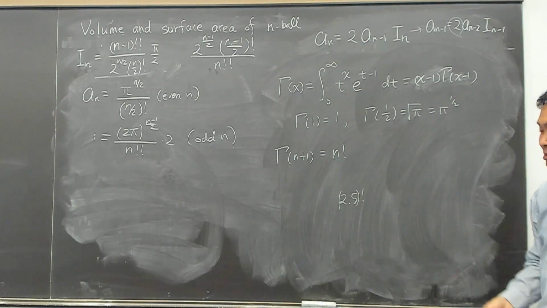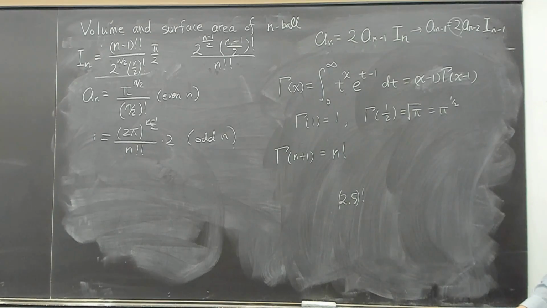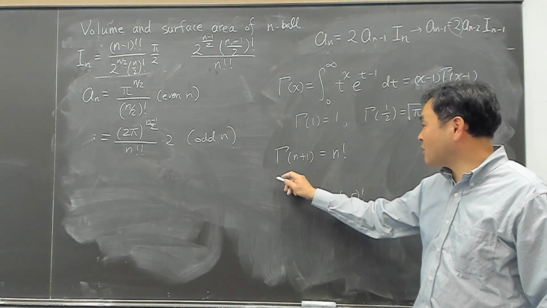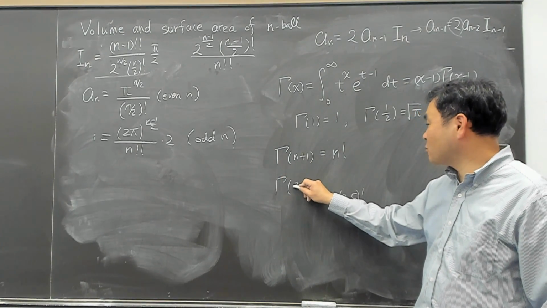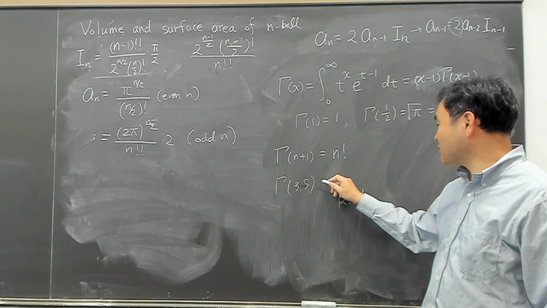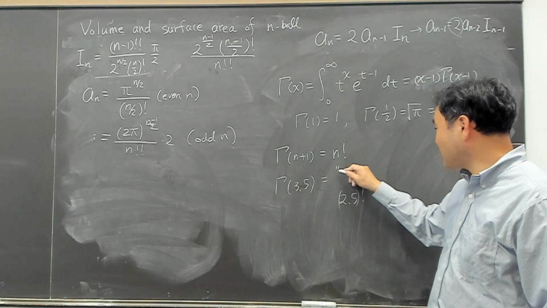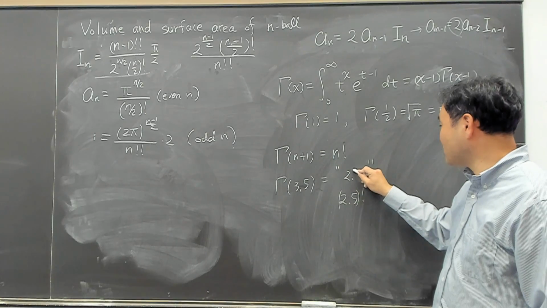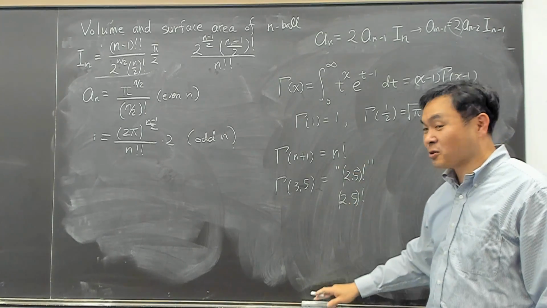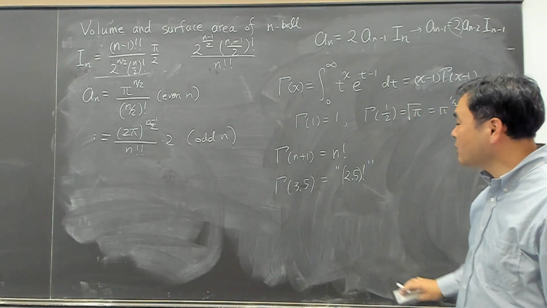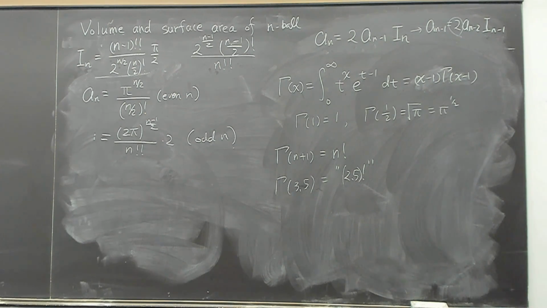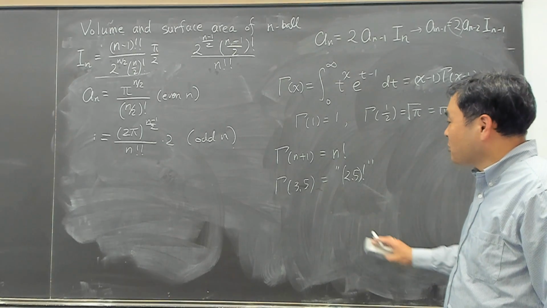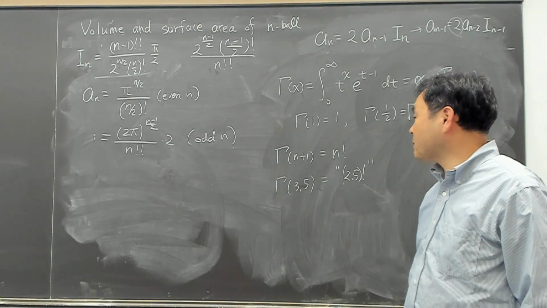You would say, oh, that's nonsense. But using this formula, you can say, that's gamma of 3.5, I'll put quotes here because that doesn't make sense, 2.5 factorial, right? So gamma is a way to allow factorials for even decimal numbers.